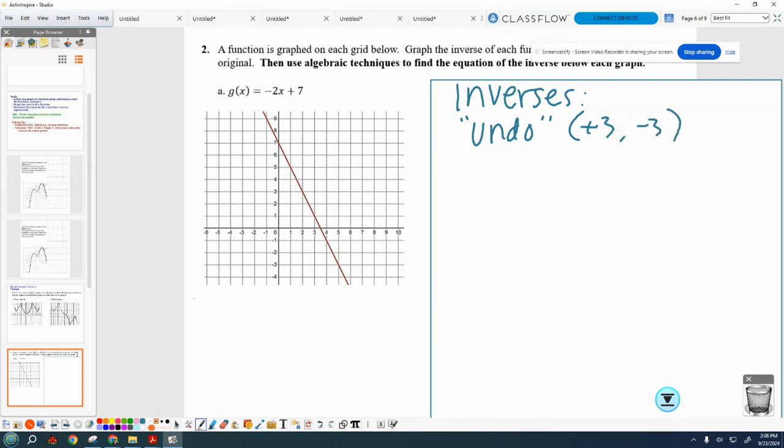You do the undo operation, the opposite operation. The opposite of add 3 is subtract 3. Okay, what else do we know, guys, from Algebra 2? What's the relationship of, let's see.